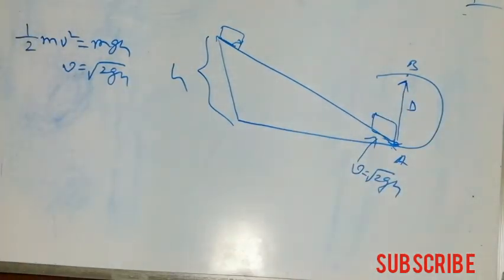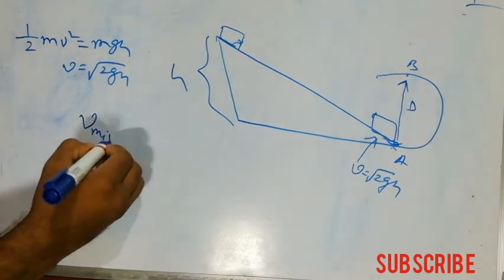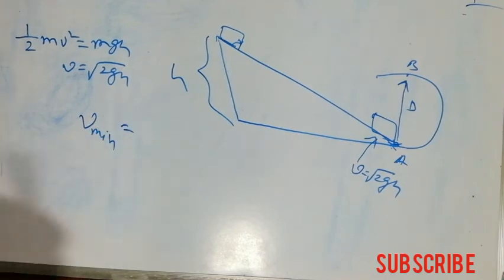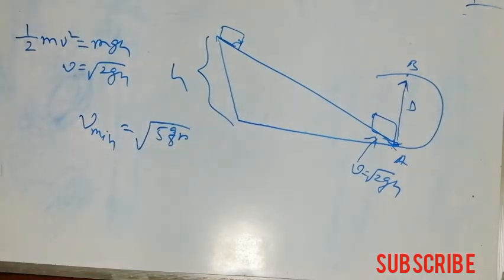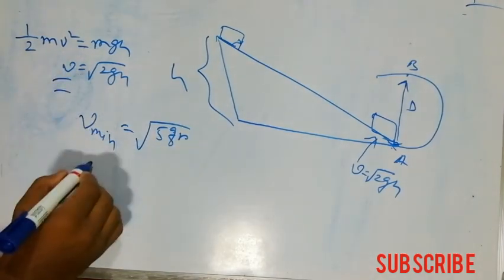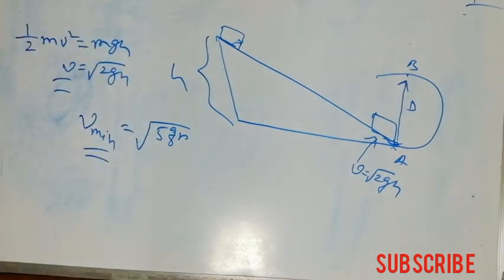We know that to complete a vertical circle, the minimum velocity required at the lowest point is equal to root 5 gr. So this v must be equal to the minimum v to just complete the vertical circle.